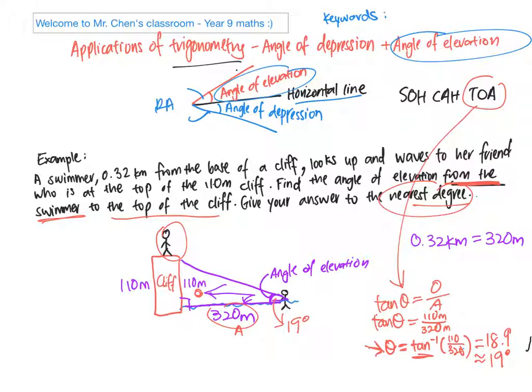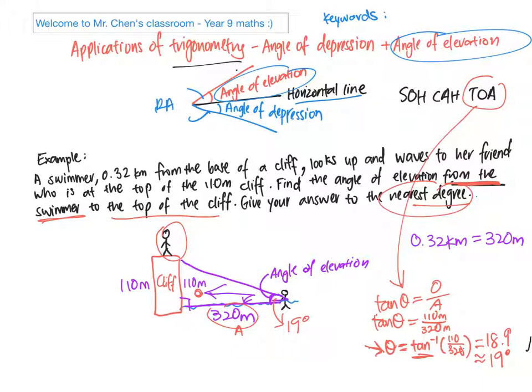Okay, so to summarize this video, we talked about angle of elevation and how it could be used to solve questions that involve elevations. All you have to do is create a right angle triangle, and if it is angle of elevation, you have to make sure it elevates upwards. If it is angle of depression, you have to make sure it is going at a downward slope.